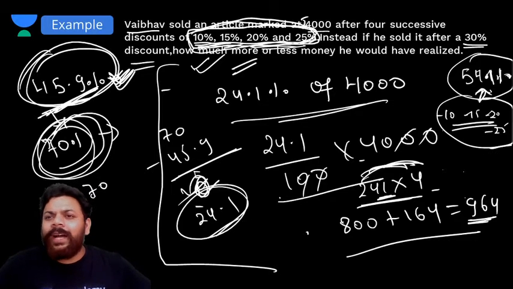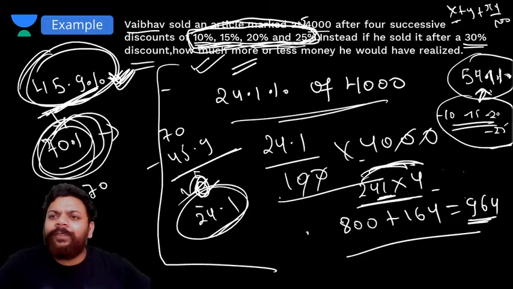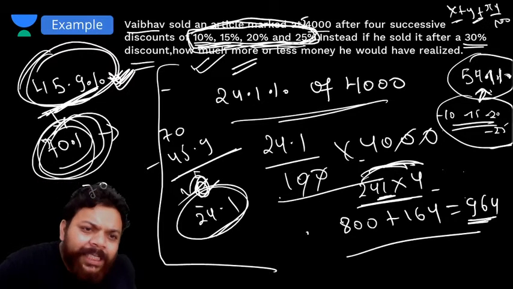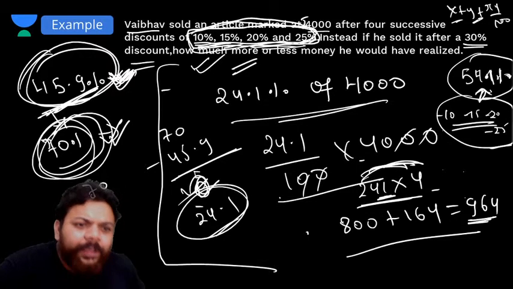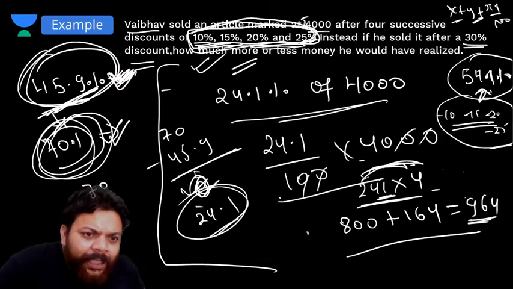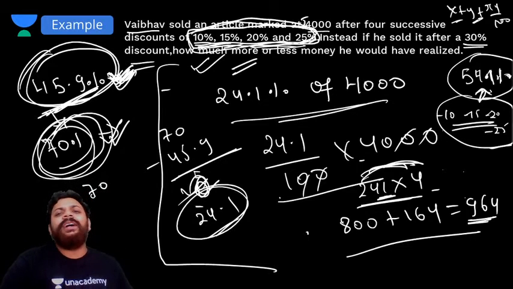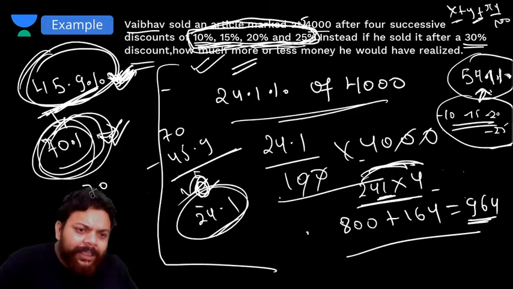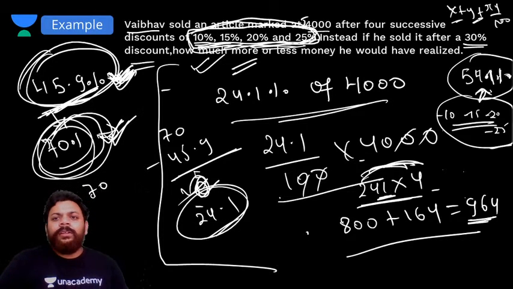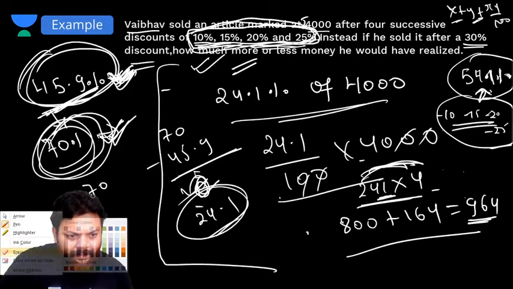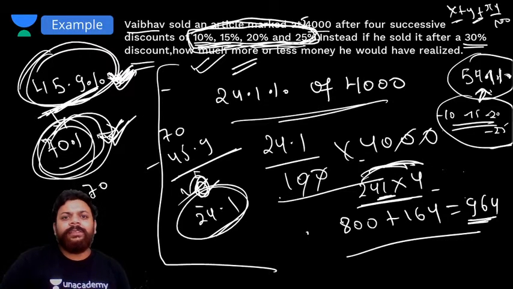The only thing that you have to remember is x plus y plus xy by 100, and you have to treat this one as negative because it is a discount. So this much you need to pay with the initial condition if this is the successive discount, and this much you need to pay with the second condition if there is a discount of 30%.